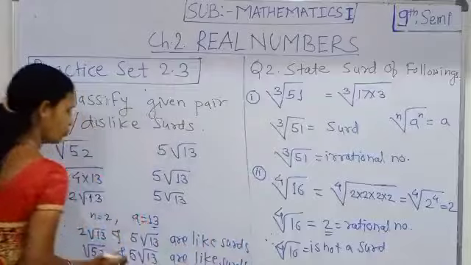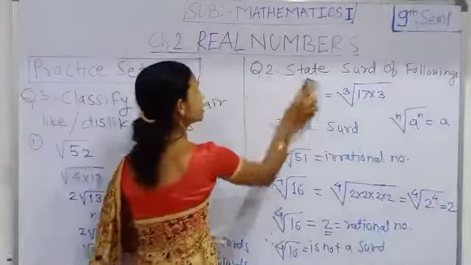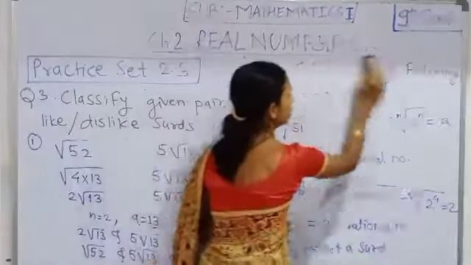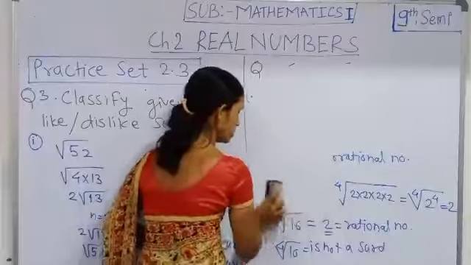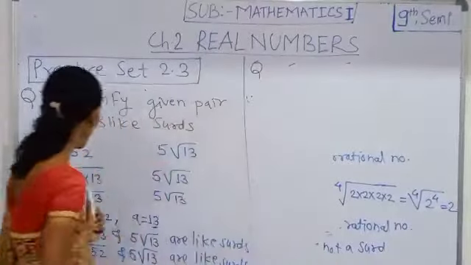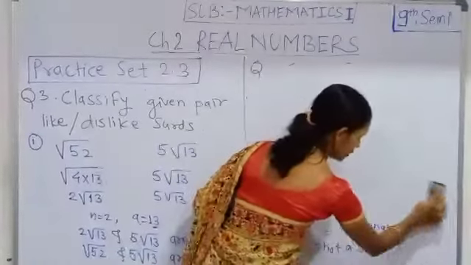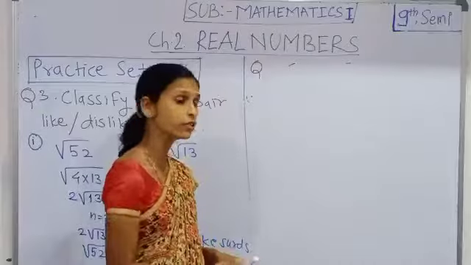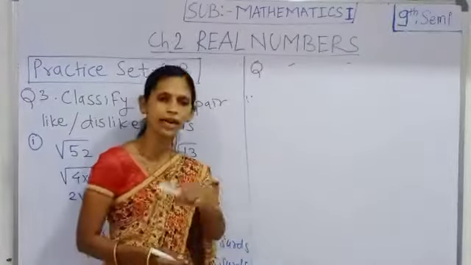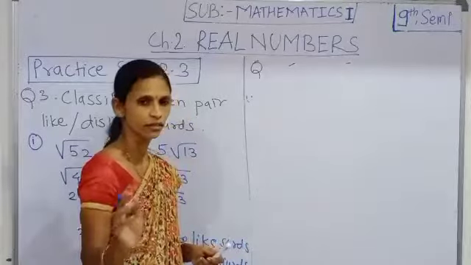If we have to identify whether given surds are like surds or unlike surds, we first convert them into their simplest form. If the order of both surds is the same as well as the radicands of both surds are the same, then those are like surds. Otherwise, those are unlike surds.